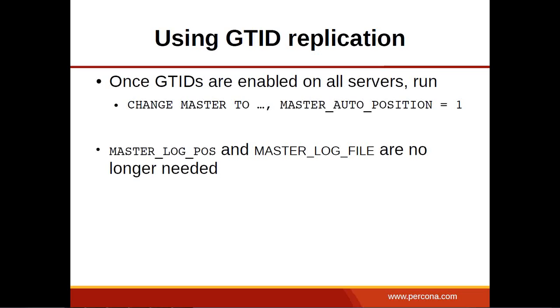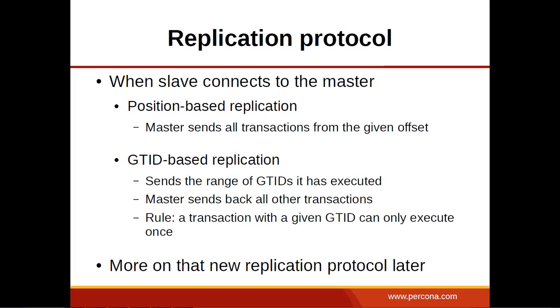Last thing for this introduction is the replication protocol. In the past, when we were using position-based replication, what happened when the slave connected to the master? The slave simply told the master, now I want to connect to the binlogs from file XYZ and position 123, and the replication protocol sent all the events from that position.